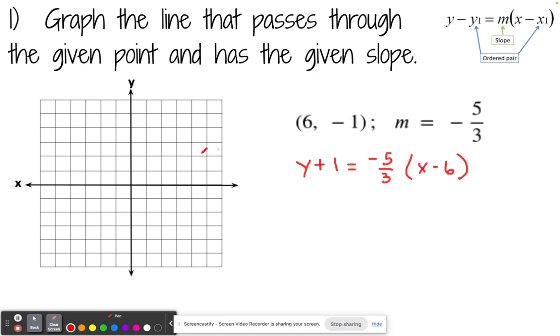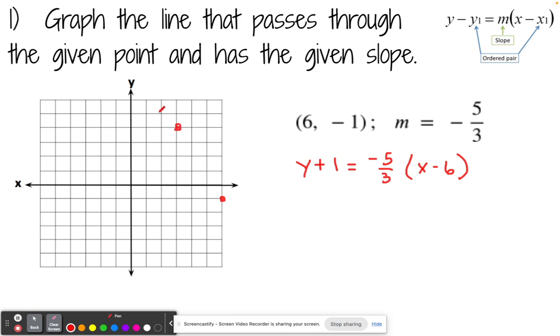So I want to graph this point, 6, -1. And I know my slope is -5/3, so it's going to be a downhill slope. Now, if I go down and over, I'm going to be off my graph. So I'm going to go up 1, 2, 3, 4, 5, and left 1, 2, 3.